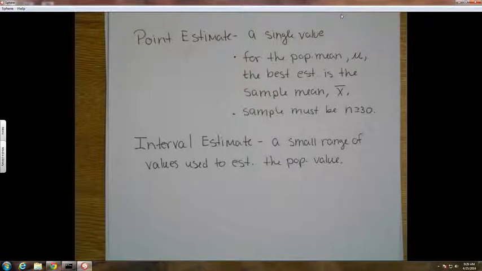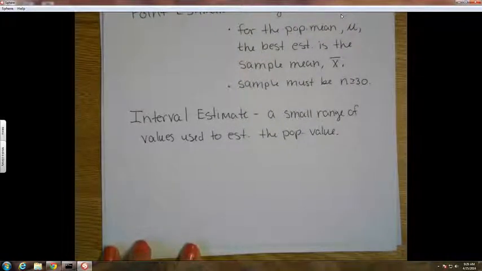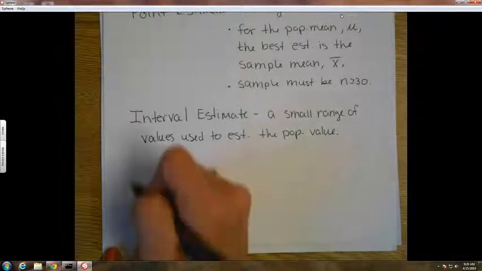Okay? So before we can actually do an interval estimate, we have to talk about our level of confidence.